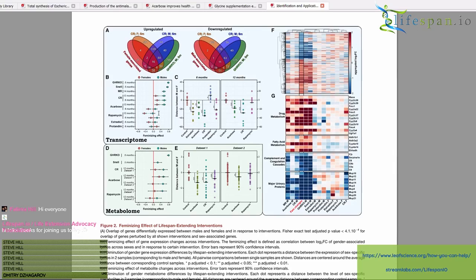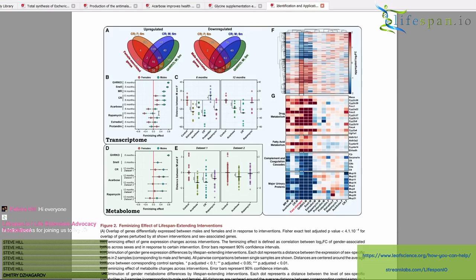So the expression of genes which are more activated in males in controls became more female-like in males compared to females.